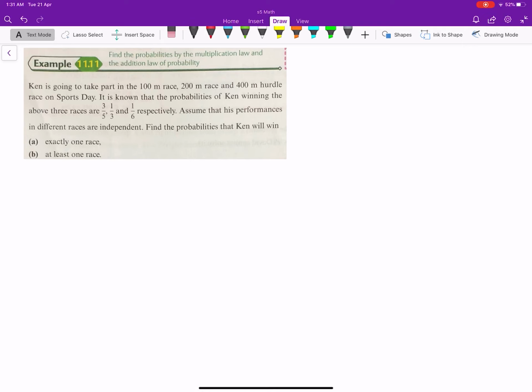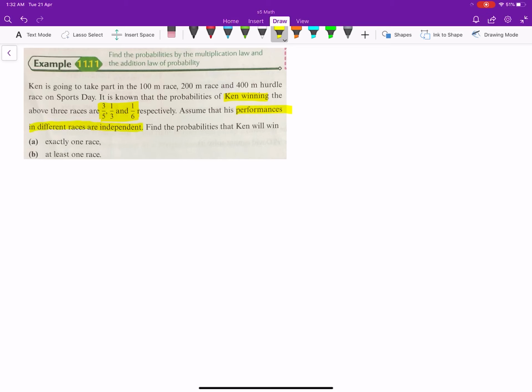So here Ken is going to take part in 3 races: 100 meter, 200 meter, and 400 meter hurdle race. And now these 3 are the probabilities that Ken can win in these 3 races accordingly. Now assume his performances in different races are independent, meaning they don't affect each other.